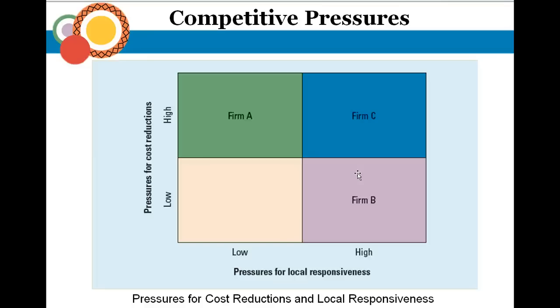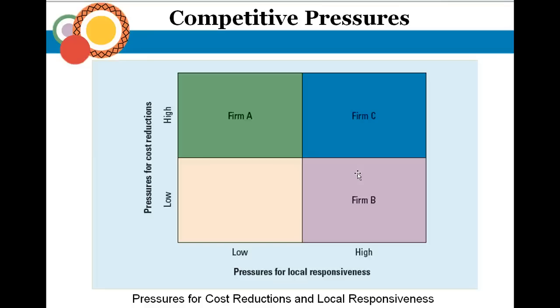Pressure for local responsiveness, when we talk about this, can arise from national differences. Local responsiveness could be something like Kentucky Fried Chicken having to offer different menu items in China than they do in the United States, or McDonald's having to offer different menu items in the Middle East, India, or Europe, to suit local tastes and local religious observances.